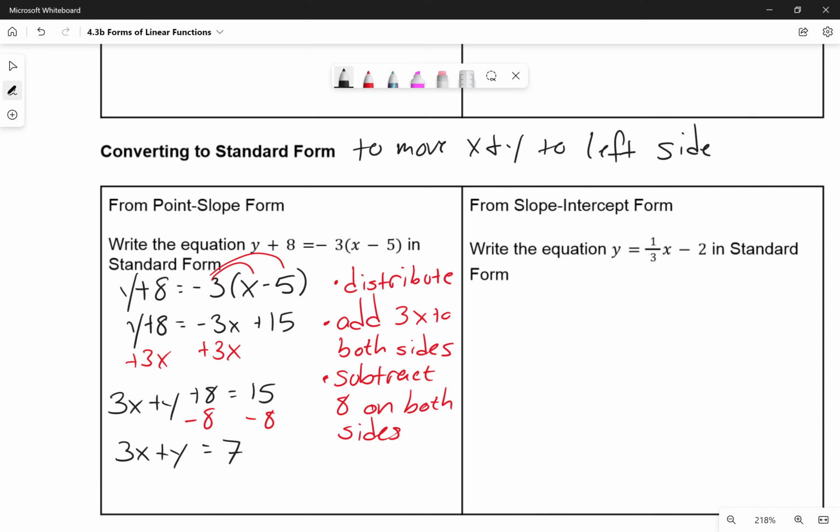But now let's go from slope-intercept form to standard form. So we're going to rewrite our equation, which is y equals 1/3 x minus 2. So our goal is to move our variable terms x and y to the left side. So our first step will be to subtract 1/3 x on both sides.